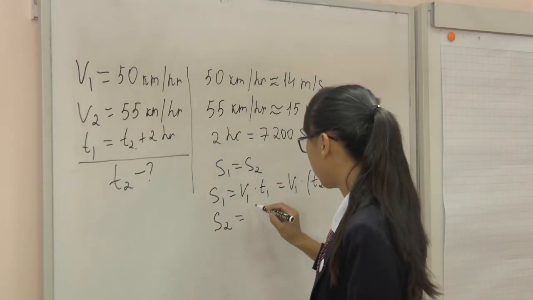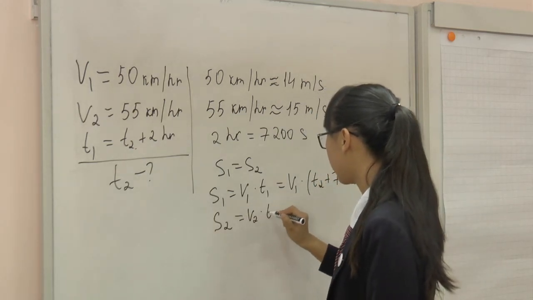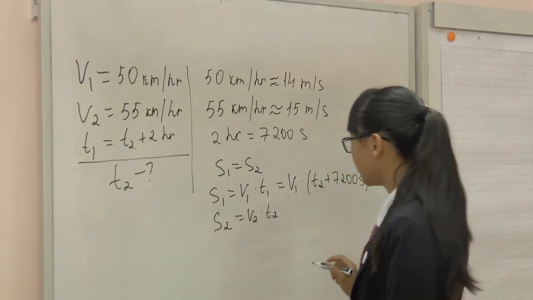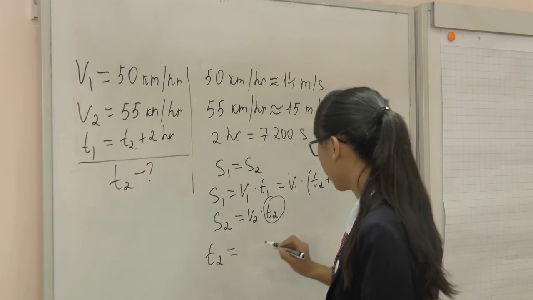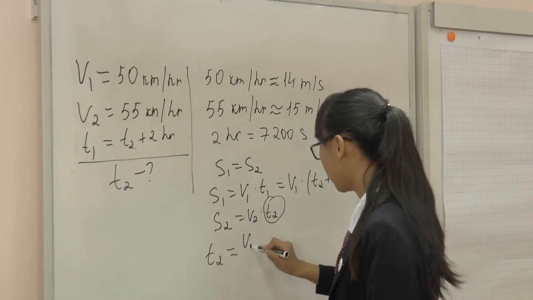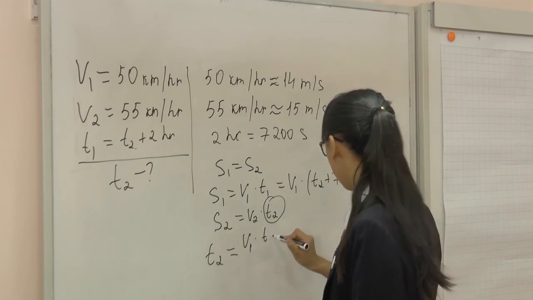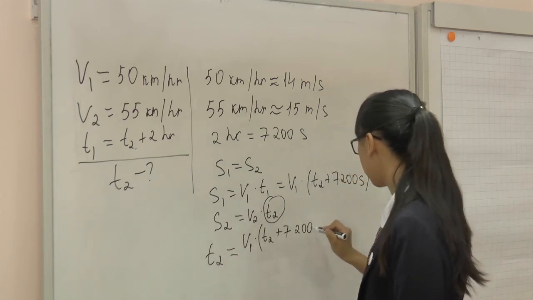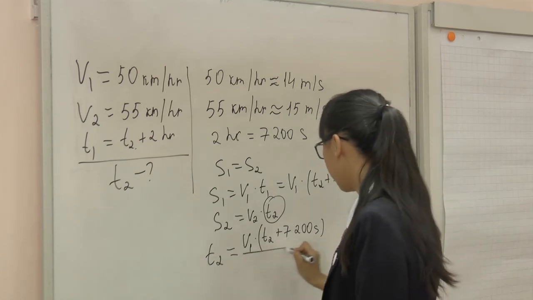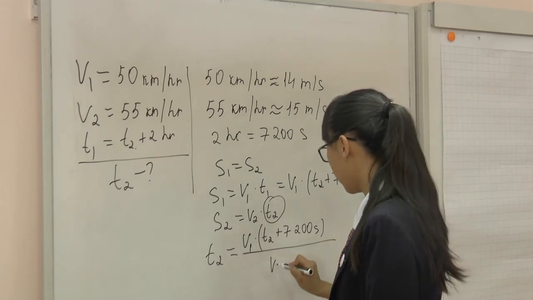S2 equals V2 multiplying T2. And we should find T2. T2 equals V1 multiplying T2 plus 7,200 seconds over V2.